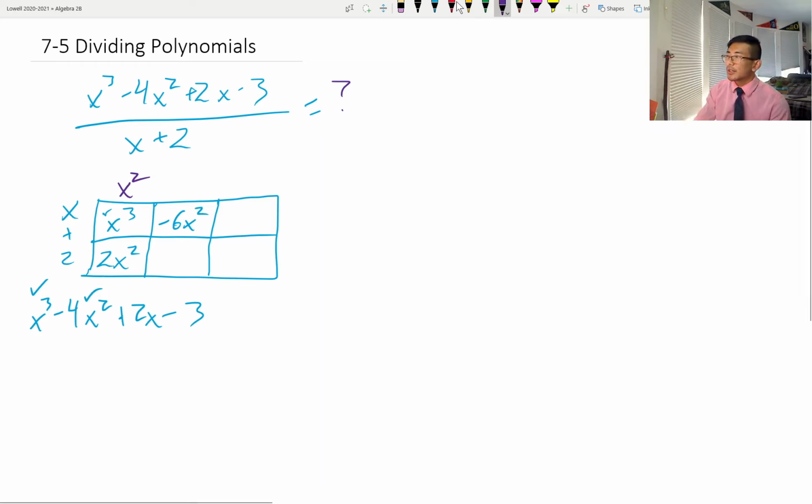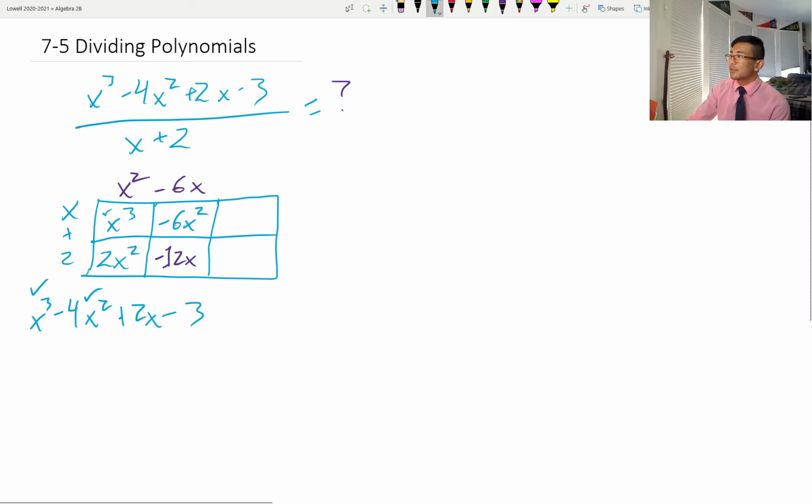The question is, what do I need to multiply x by to get there? Well, x times negative 6x will give me this negative 6x squared. Again, that plus 2 is just along for the ride. 2 times negative 6 is negative 12x.